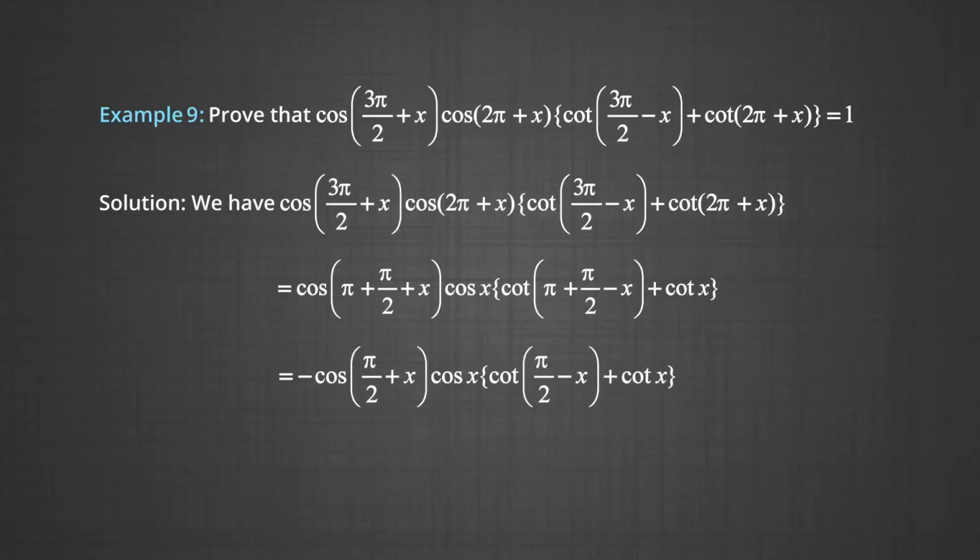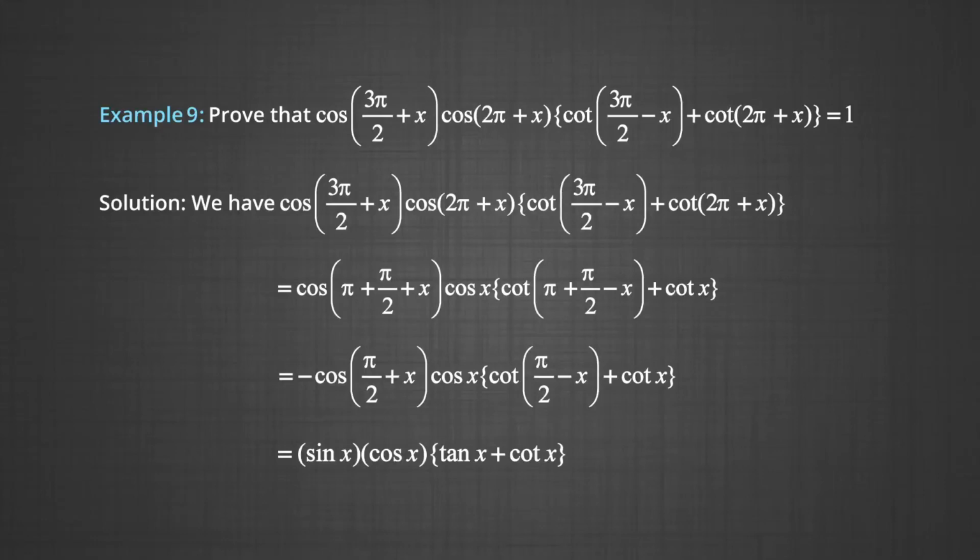So, on considering the quadrants, this becomes minus cos of pi by 2 plus x, cos of x, whole thing multiplied to cot of pi by 2 minus x plus cot of x, which is equal to sin x into cos x multiplied by tan x plus cot x.